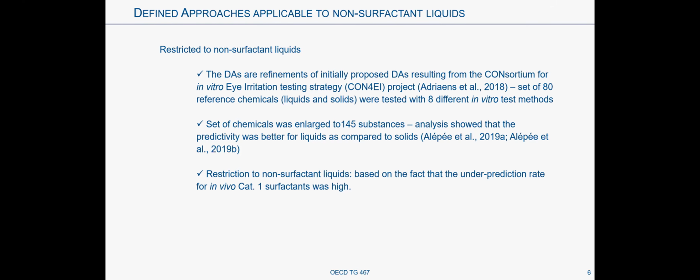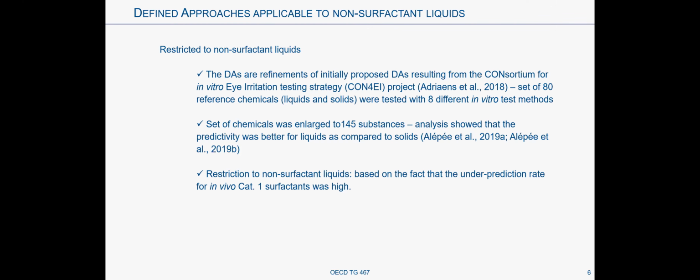During the Conjunctival project, a set of 80 reference chemicals that were selected from the DRD, which was explained by Joel, were liquids and solids, and they were tested with 8 different in vitro test methods. And then later on, the set of chemicals was enlarged to 145 substances.